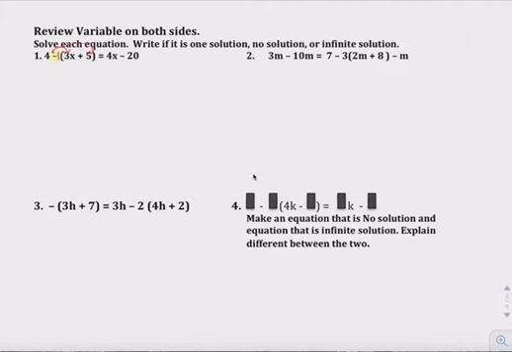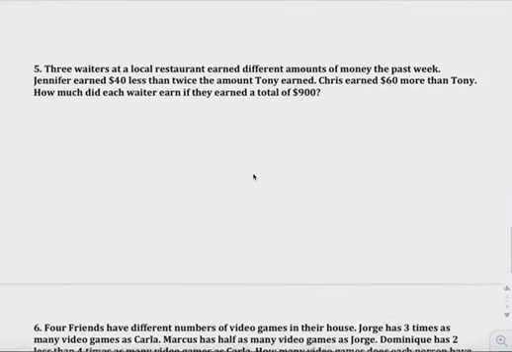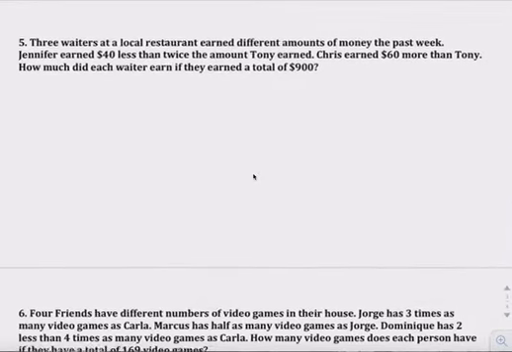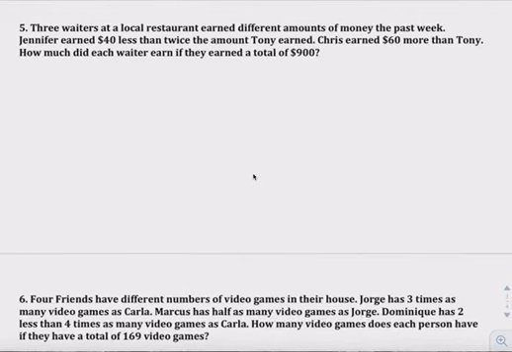All right, here. Let's look at 5. Three waiters at a local restaurant earned different amounts of money in the past week. Jennifer earned $40 less than twice the amount Tony earned. Okay. Alrighty.